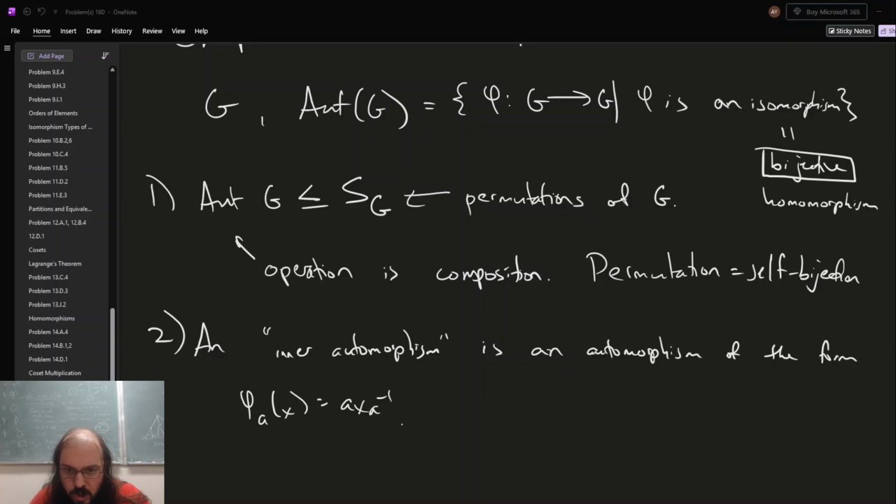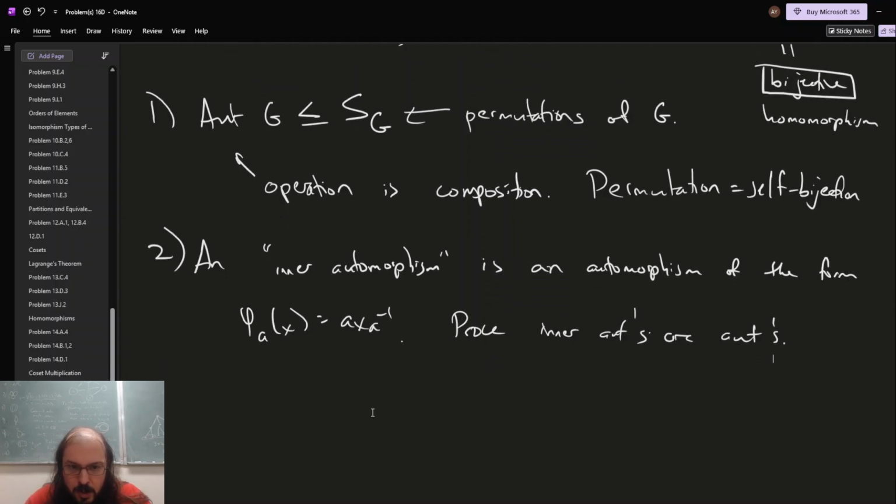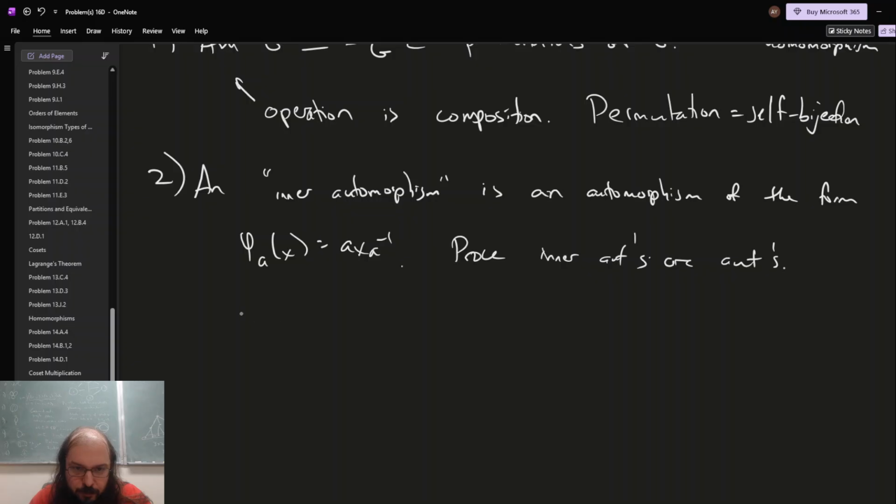Okay, and then the question is to prove inner automorphisms deserve their name. They're actually automorphisms. So I need to prove it's a homomorphism and it's bijective.